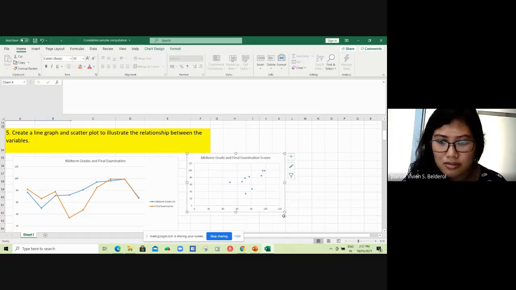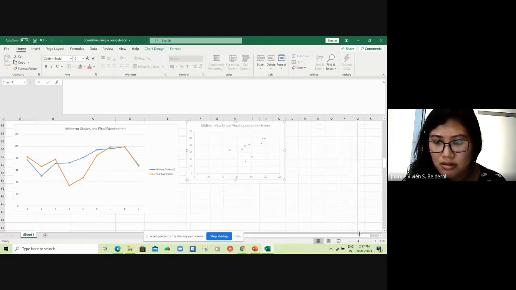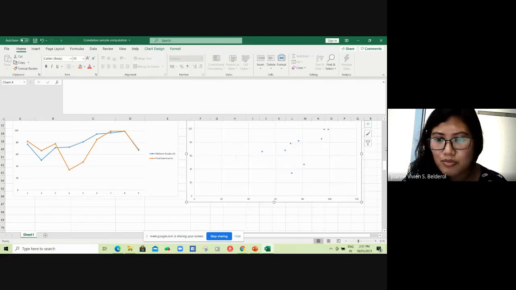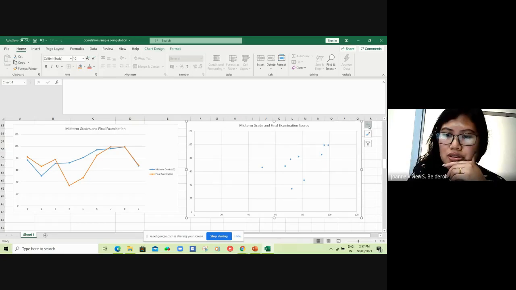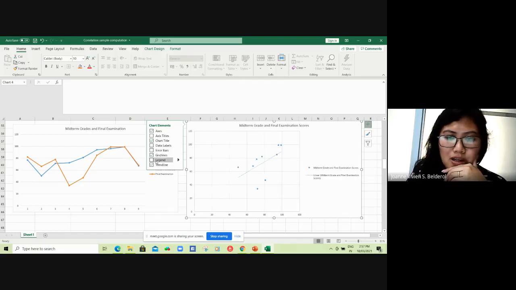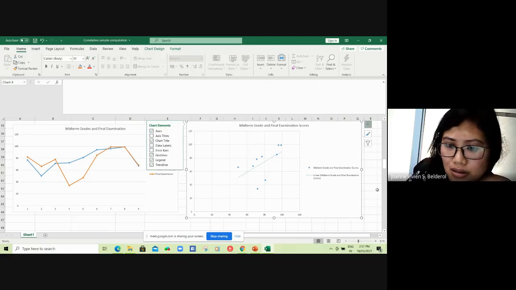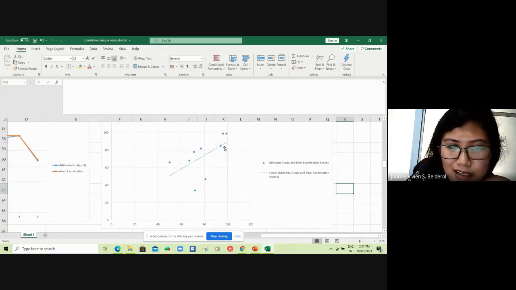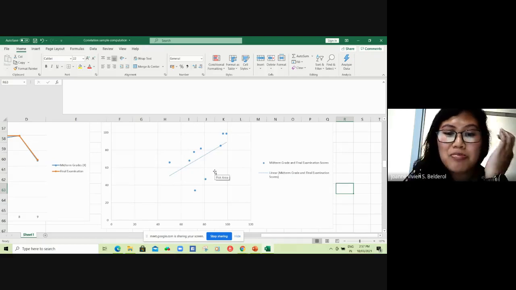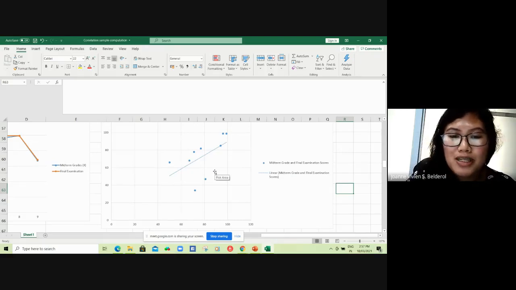Now, if we click the green cross, we add a trend line and a legend. Okay. Now, look at your scatter plot. Remember that our answer earlier was positive, moderate positive.